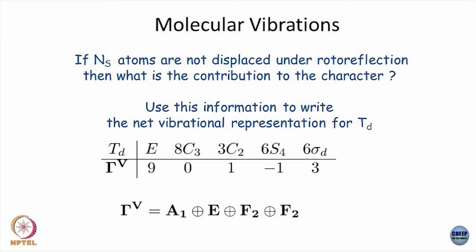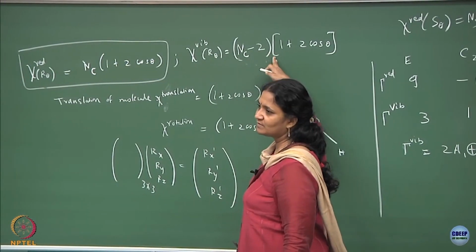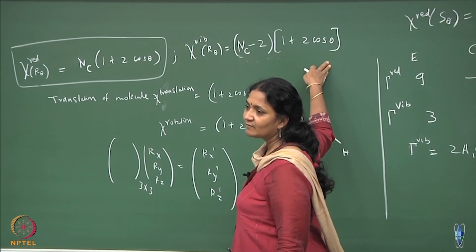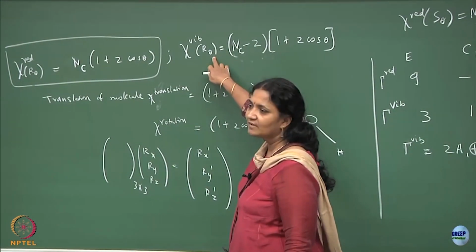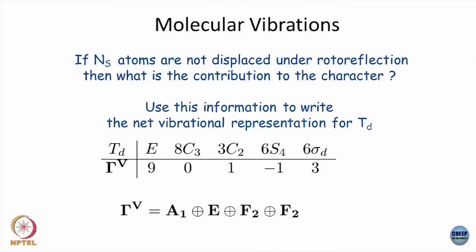which is true here. You can see that this NC minus 2 will be 5 minus 2, which is 3. 3 into 3 is 9 for theta equal to 0. Okay. So, that is why the identity element is 9.